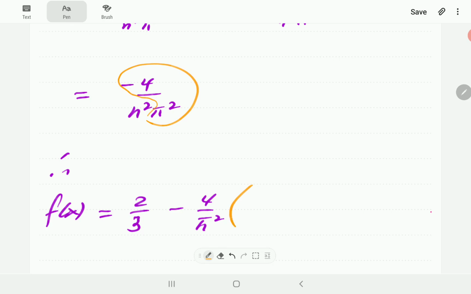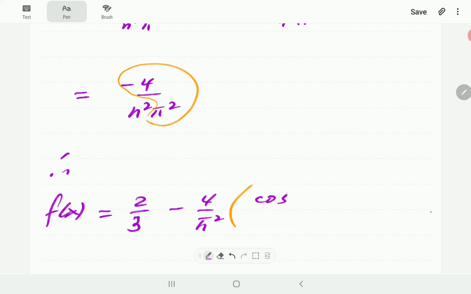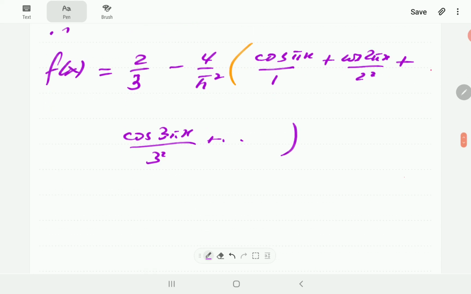And then the n squared is going to go with each of the terms inside the brackets. For n equals 1, it's going to be cosine pi x over 1. Then we're going to have cosine 2 pi x over 2 squared. Then we're going to have cosine 3 pi x over 3 squared, etc., etc.